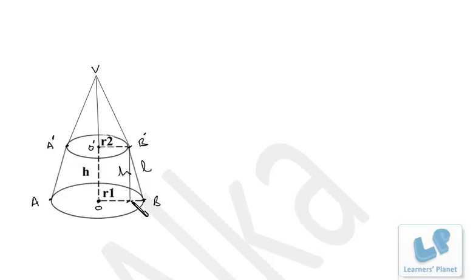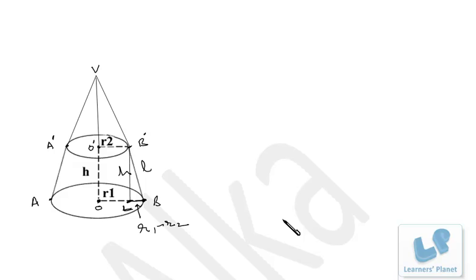From this point to this point it is R2, right? So this length, from this point to this point, will be R1 minus R2. This total length minus this length, that is R1 minus R2. That is this length. Okay. I assume this length to be L.